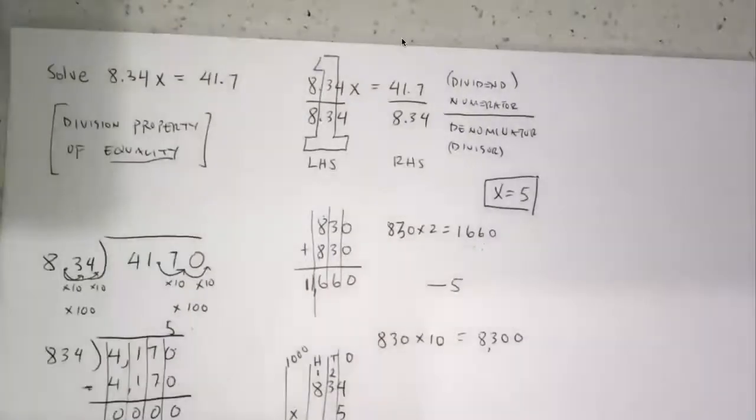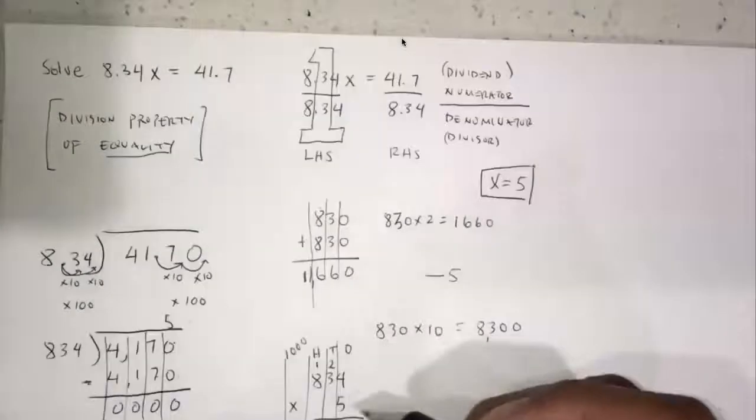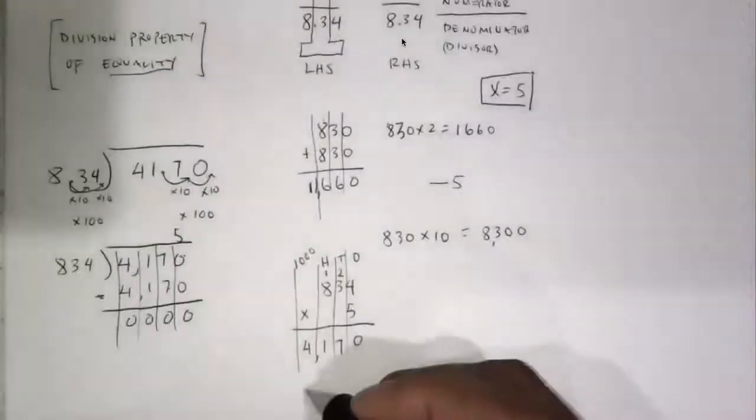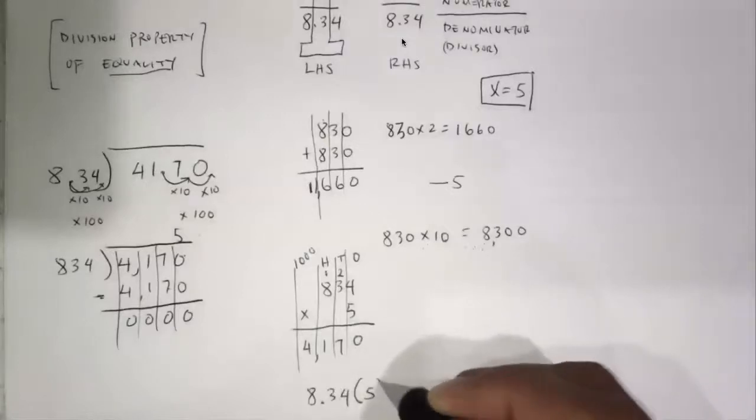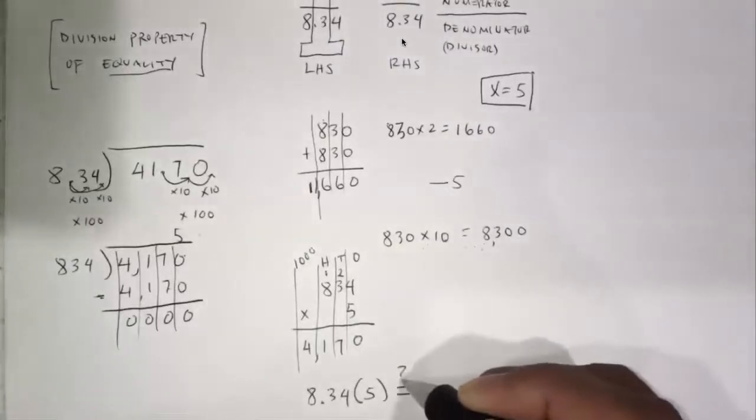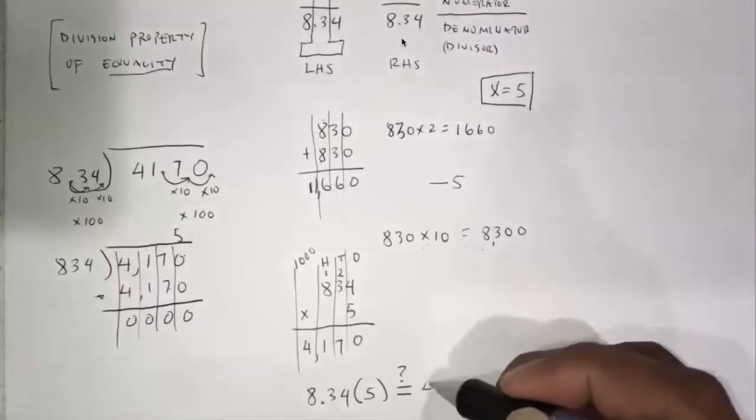I didn't check the last problem, but if we make the substitution of 8.34 and we multiply that by 5, we put a question mark. We don't know if it's balanced.